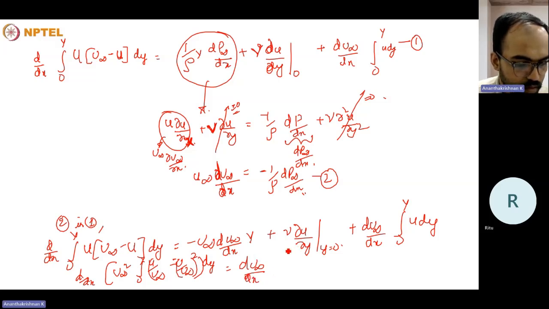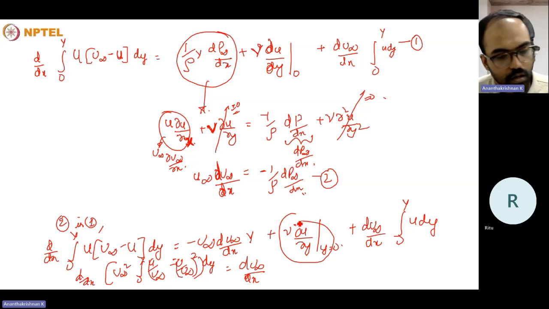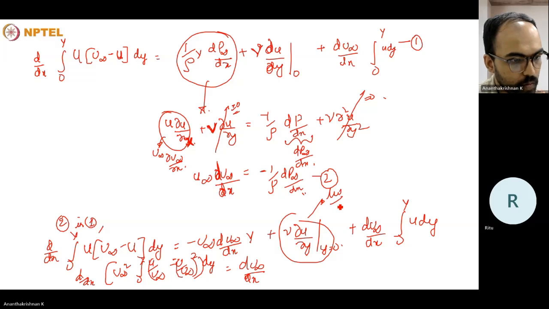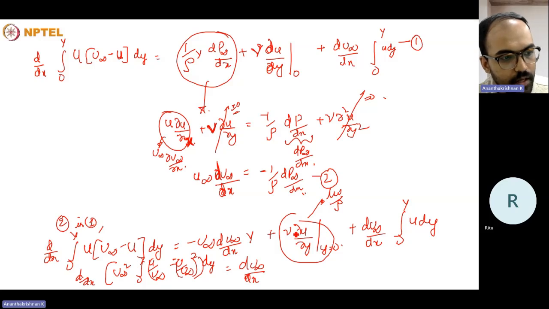You take this particular term to the right hand side: nu into dou u by dou y will be equal to shear stress divided by rho. The shear stress at the wall will be equal to the dynamic viscosity mu into dou u by dou y at y equal to 0. So this is kinematic viscosity, and we write it in the form of tau w by rho. This term will have a dou u infinity by dou x, this term also will have a dou u infinity by dou x, and we club them together.